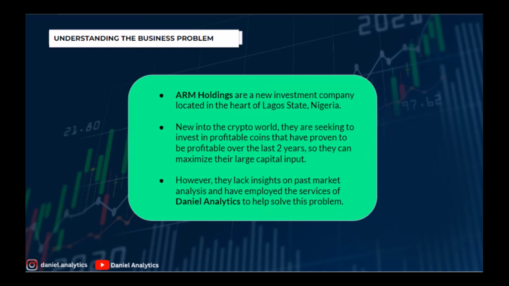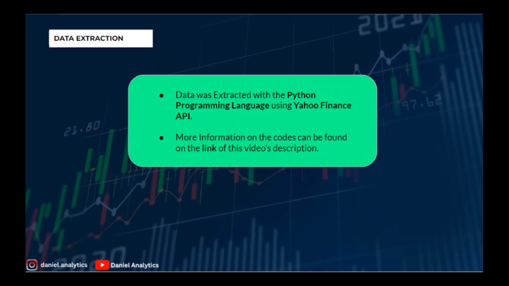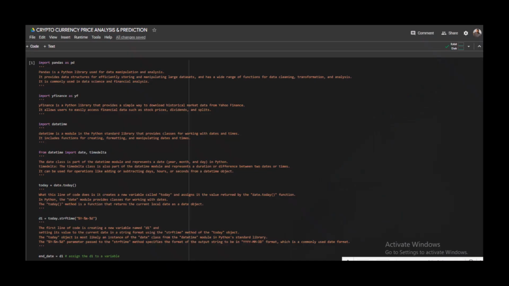Data extraction was done with the Python programming language, using the Yahoo Finance API. The entire code for this project is going to be made available. Analysis can be done using Python, SQL, Power BI, Excel, you name it, any tool you feel comfortable using.